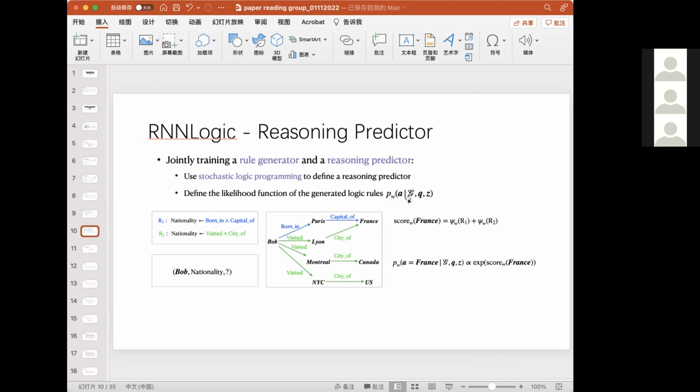Yes, I think that's a very good point. For example, if there are 100 paths from Bob to France, each associated with a very low score, meaning it's actually kind of a negative example, adding all those 100 small values together could potentially become big. The way they treat it is that they just add those scores together, but those are not probabilities, and for probabilities you can't just add them together.